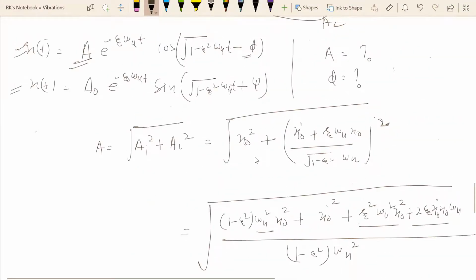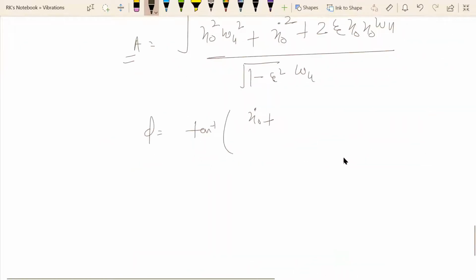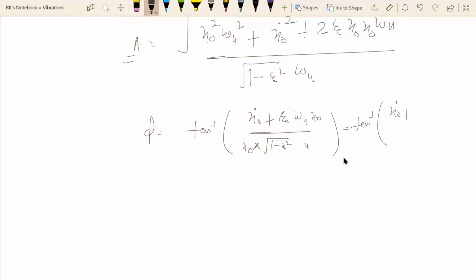This is the value of phi. Or we can write tan inverse of square root of 1 minus zeta squared times omega n x naught over x naught dot plus zeta omega n x naught. This is how we can find phi and A.